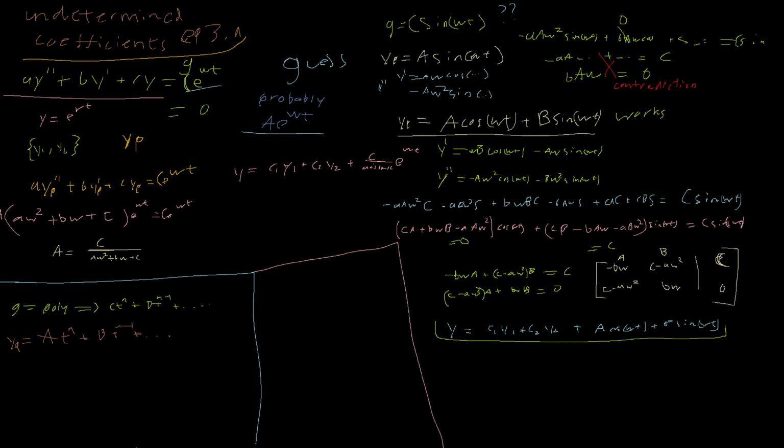So right here, I'm going to write down the table. G is going to be here, and here is going to be our guess, or rather, our particular solution. If we have an exponential function like this, then our guess is going to be a e to the same exponent.